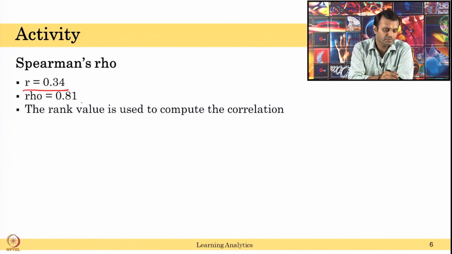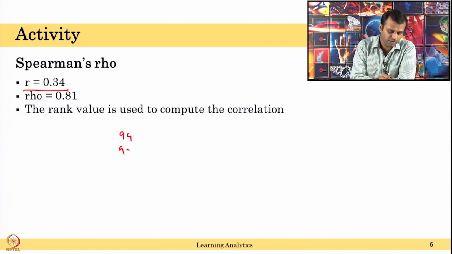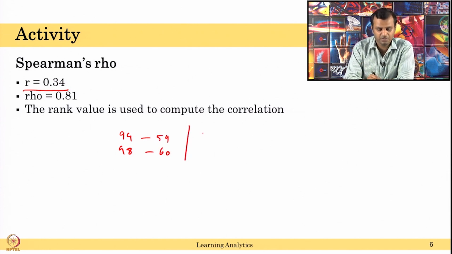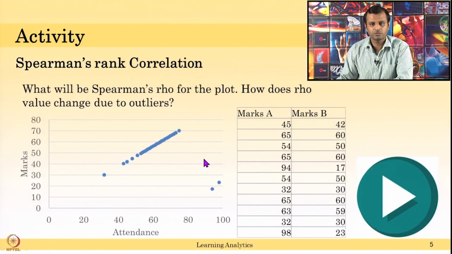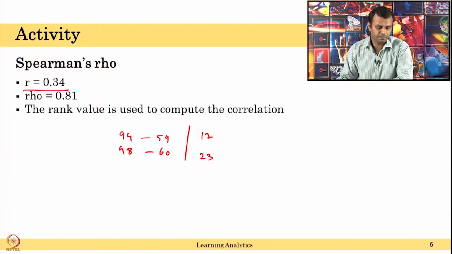Why is Spearman's rho not that sensitive? Because out of all 60 students' data, only 2 data points are not correct. For example, in that example 94 and 98, right. So these will be highly ranked, 59 and 60. And why the marks are 17 and 23, I am wrong, just a minute, I will check it out. It is 17 and 23, yep.